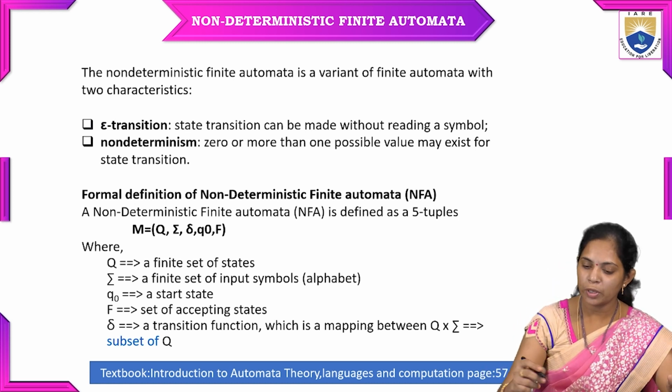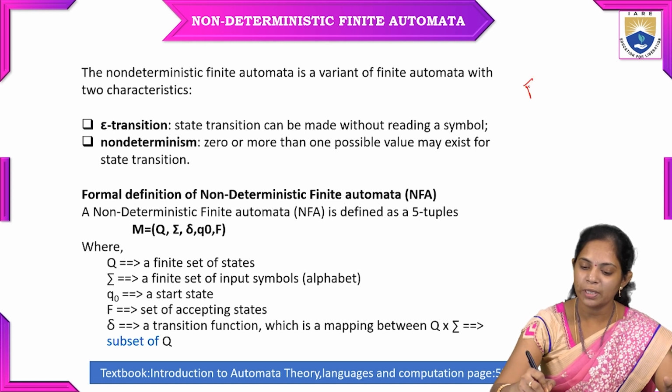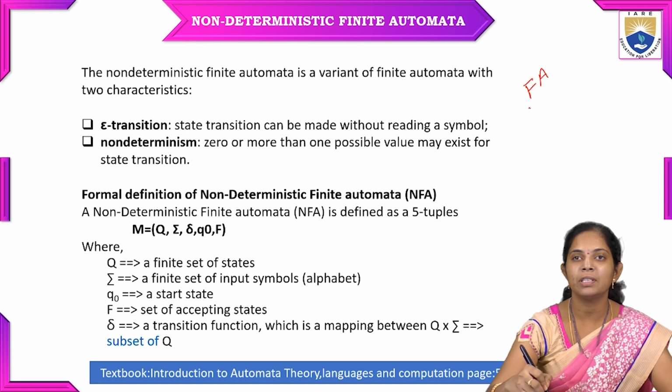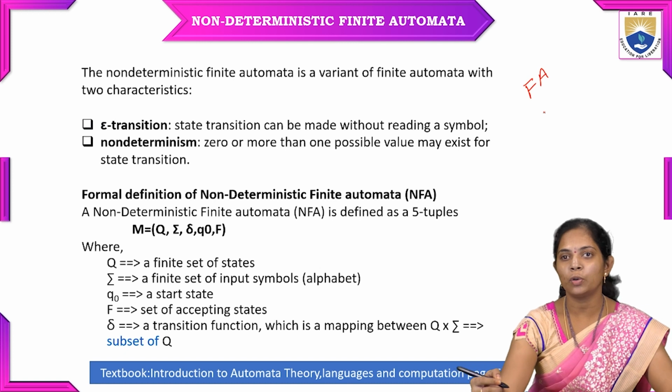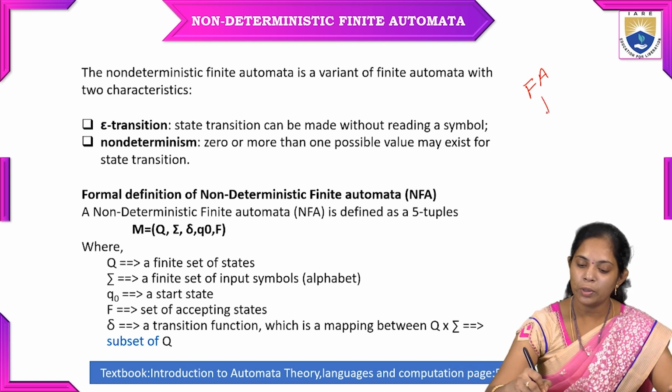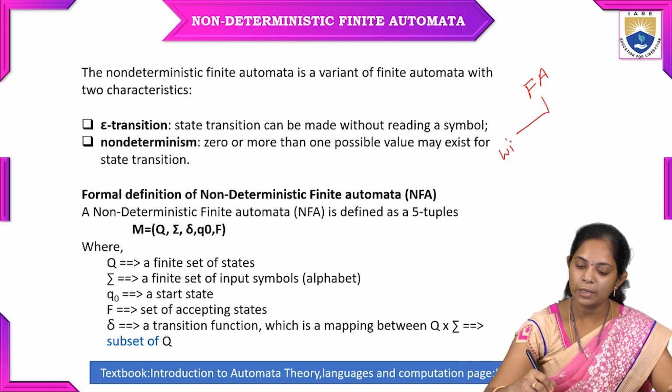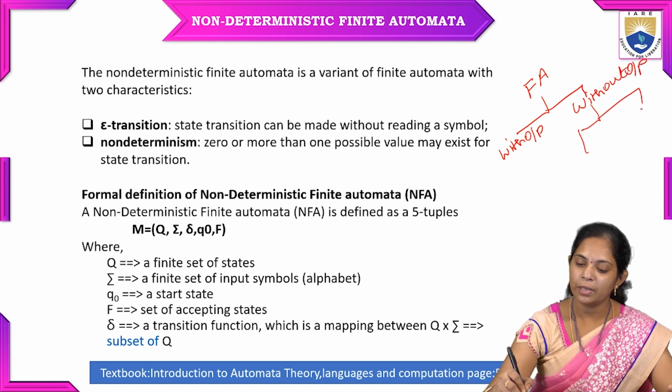Before going to the characteristics, we know from the previous videos that finite automata has two types: one without output and one with output. Without output, we are discussing NFA, DFA and epsilon NFA.